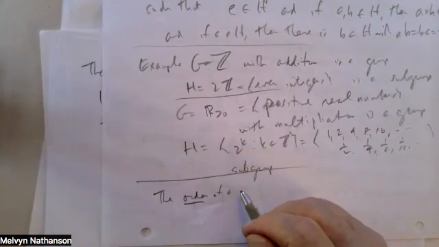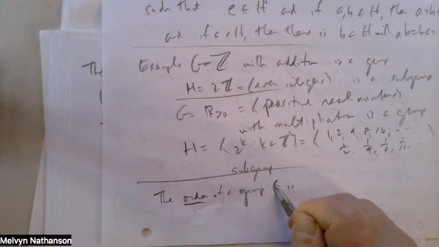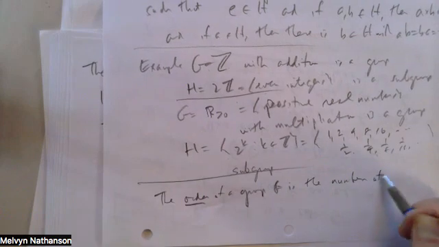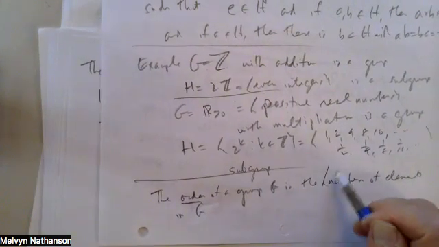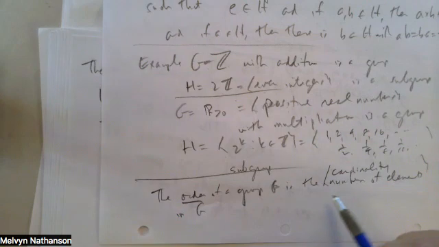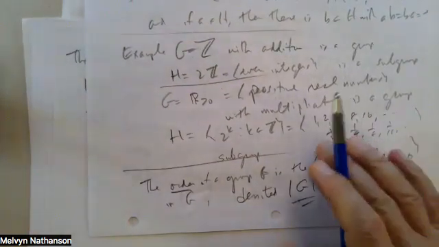We talked about the order of an element, powers of an element, mod M. The order of a group G is the number of elements in G. The number of elements is also in mathematics called cardinality. So the cardinality of a group is called the order of the group, and it's usually denoted with absolute value signs. It just means how many elements are in the group.